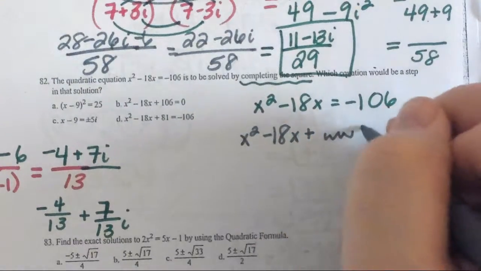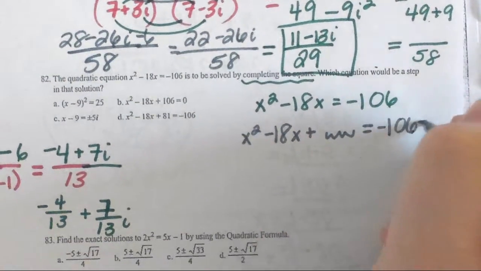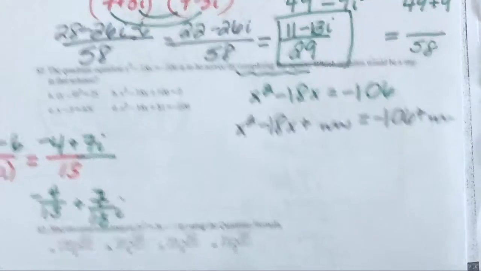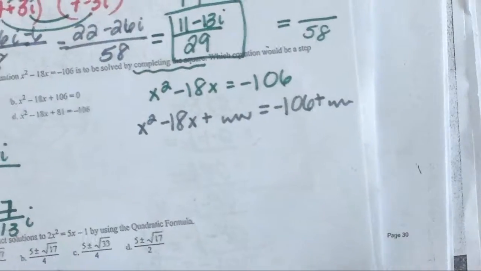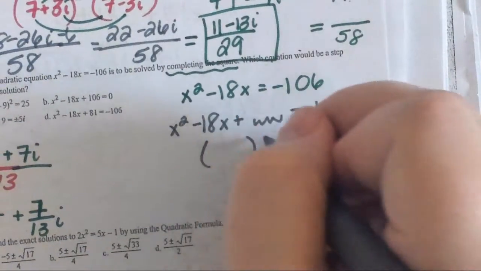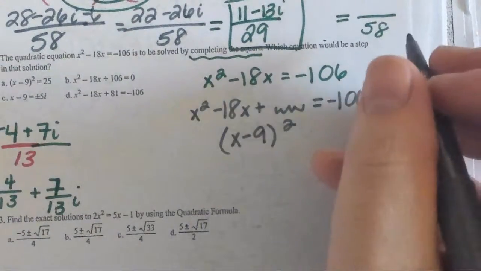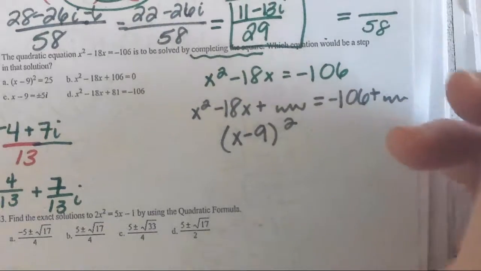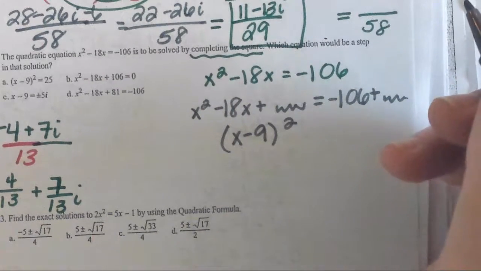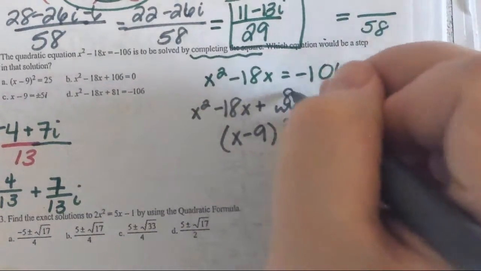I do my squiggles, and Hunter is right. I divide the middle by 2, so I'm going to put x minus 9, because negative 18 divided by 2 is negative 9. What's negative 9 squared? Say it again, Edward. Yes, you get a point.